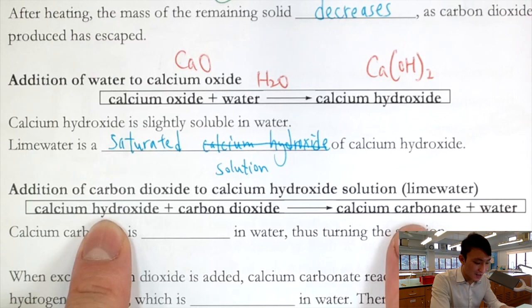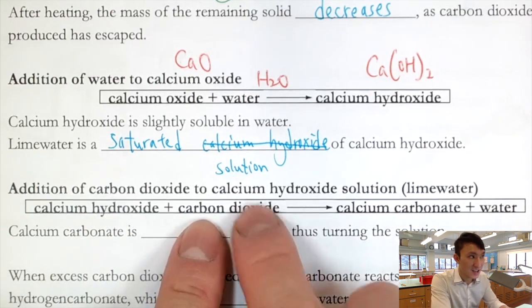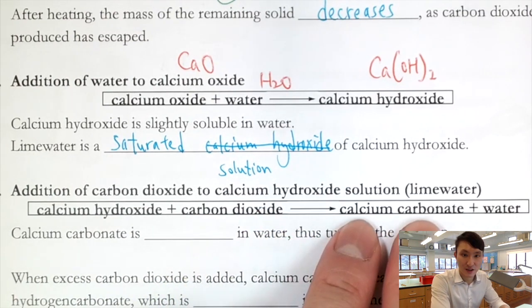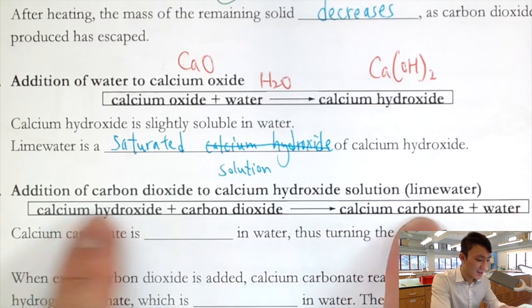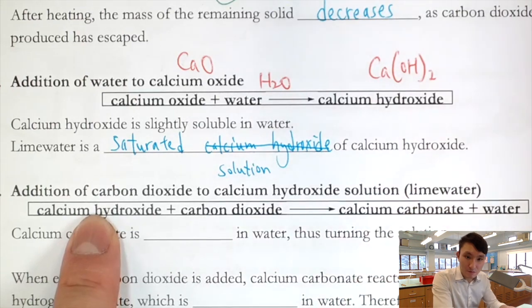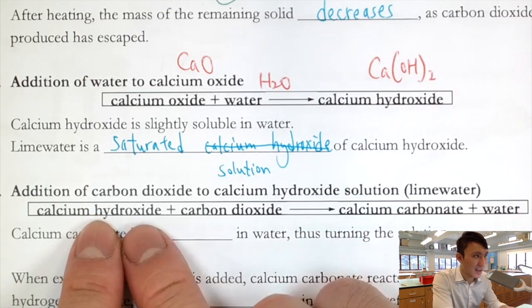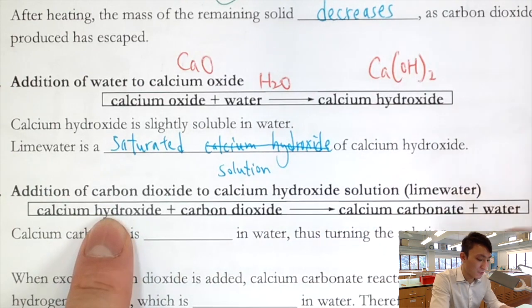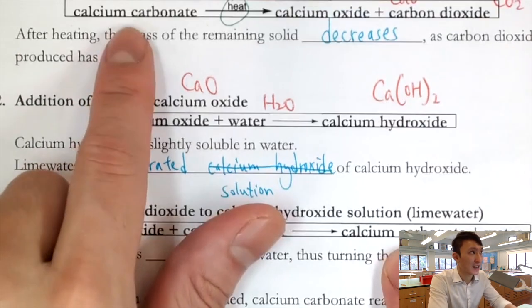All right, and because carbonate consists of carbon and oxygen, this entire carbon dioxide has been incorporated into the calcium carbonate. So it's like this plus this equals this. But you realize one thing: here hydroxide means it has hydrogen, but from calcium carbonate you can't find any hydrogen, right?